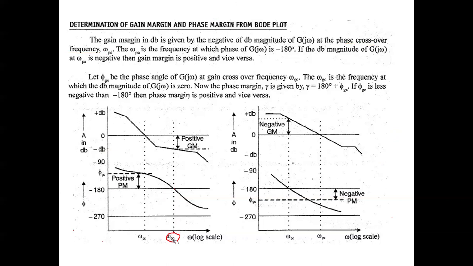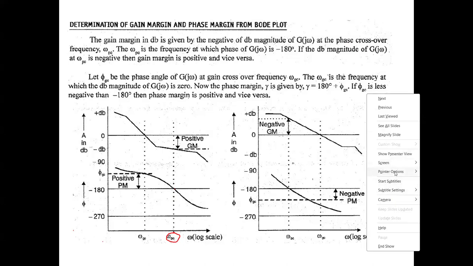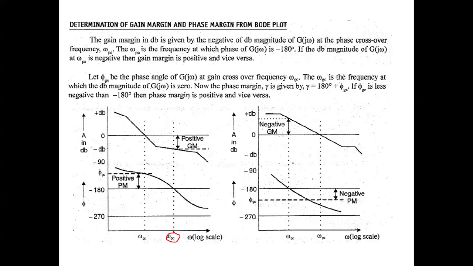For example, I am taking a frequency of 10. At the frequency 10, the phase angle is minus 180 degrees. Then this frequency 10 will be taken as the phase crossover frequency. At the frequency 10, the magnitude is, for example, minus 20.